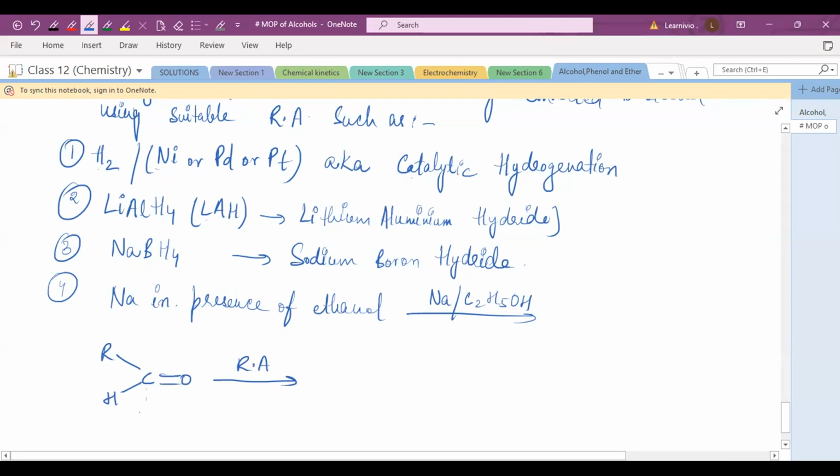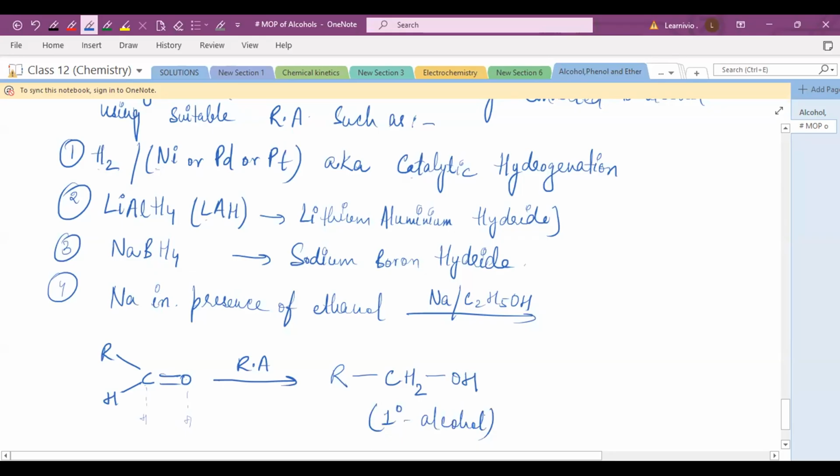Addition of hydrogen. यहाँ पे एक hydrogen add होगा, यहाँ पे एक hydrogen add होगा, and you will get R, and this bond will break. ये आपका pi bond break हो जाएगा, and you will get RCH2OH. So this is your primary alcohol. Means the reduction of aldehyde will give you a primary alcohol. Reduction अगर आप aldehyde का कराओगे तो you will get primary alcohol.